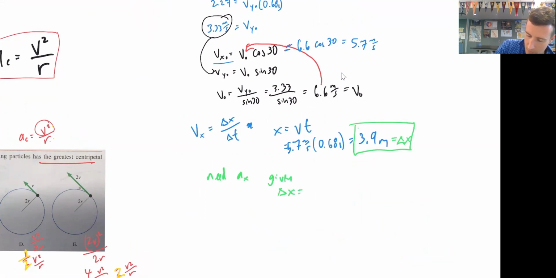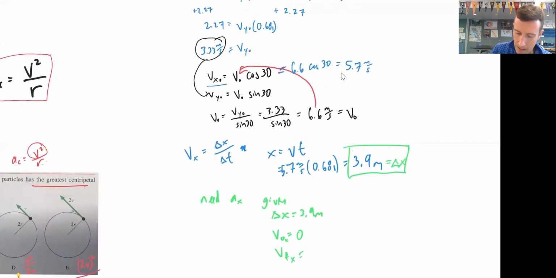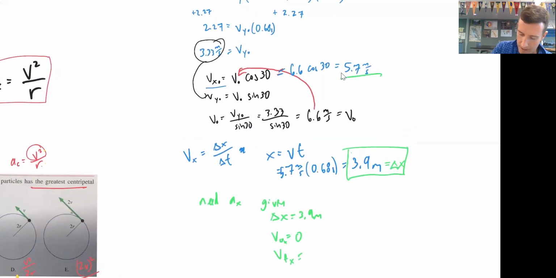Delta x equals 3.9 meters. I'm given velocity 0 is equal to 0. Velocity final in the x direction, I just solved for that, is 5.7 meters per second.